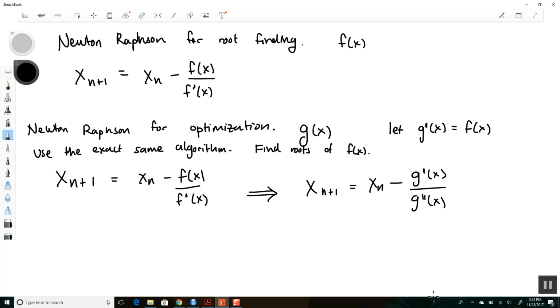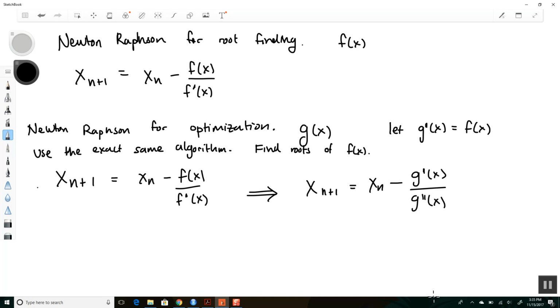Is that okay? Do I need to write like pseudocode, or are we okay here? We're okay. All right. So pretty much the pseudocode that works for root finding will be here. Okay.